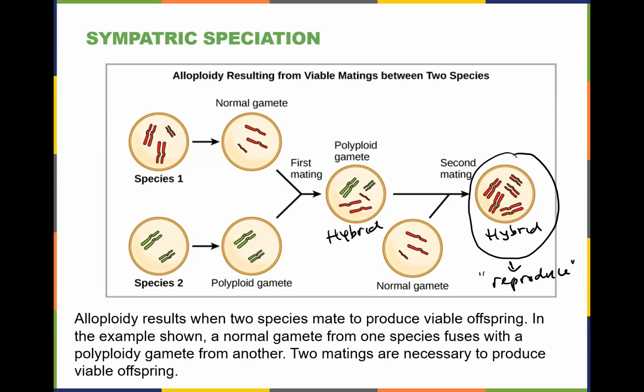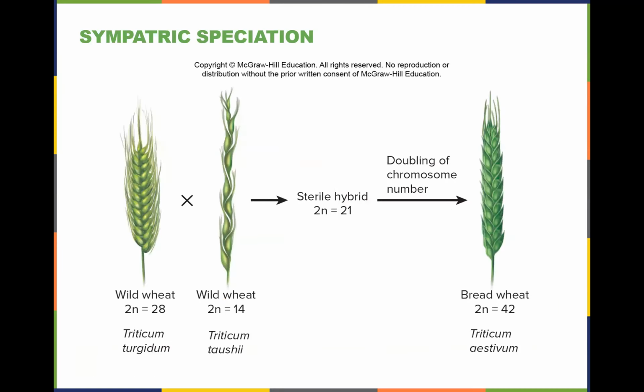So these are examples of sympatric speciation in plants, whether aneuploidy, alloploidy, or polyploidy. And this is again the hybrid.